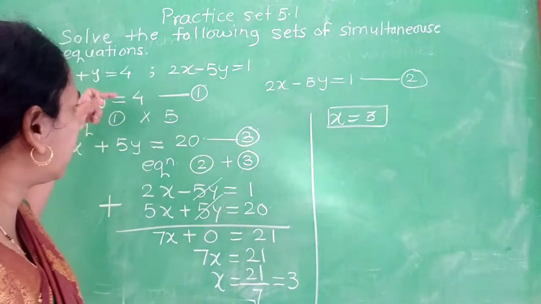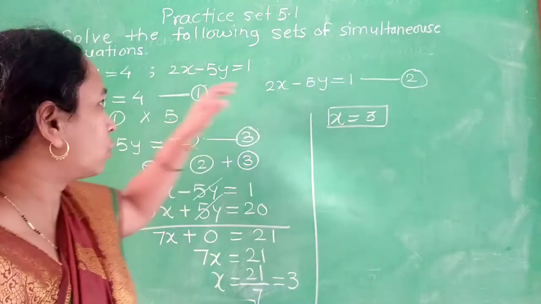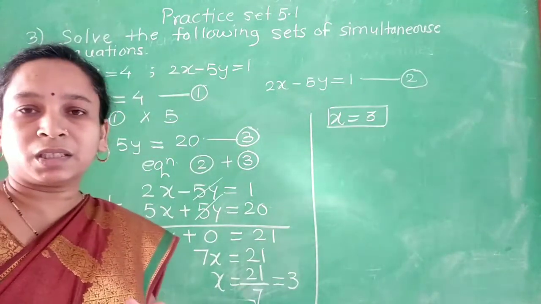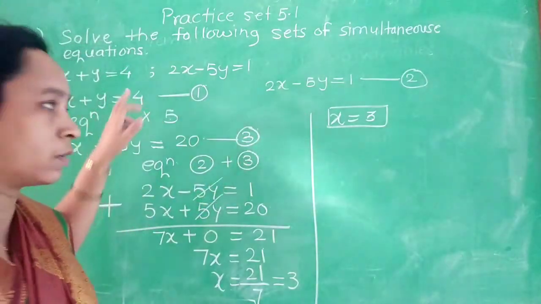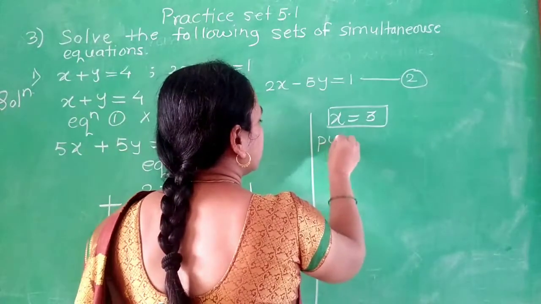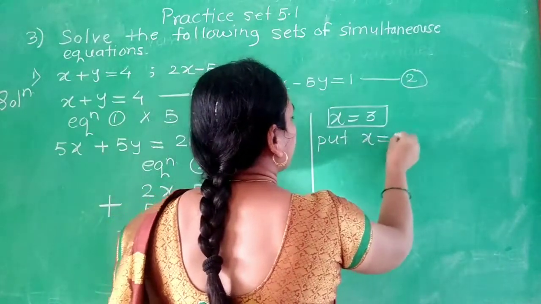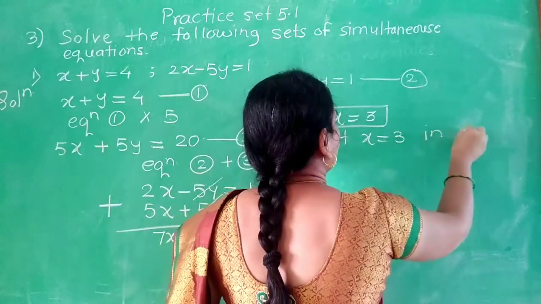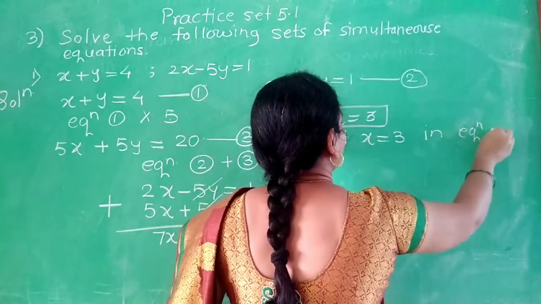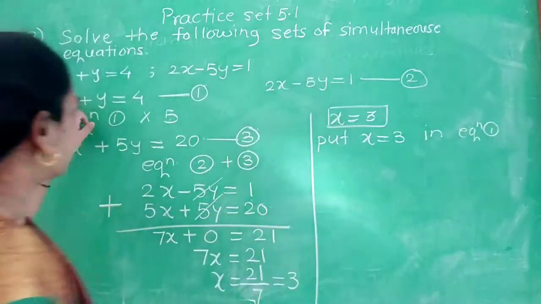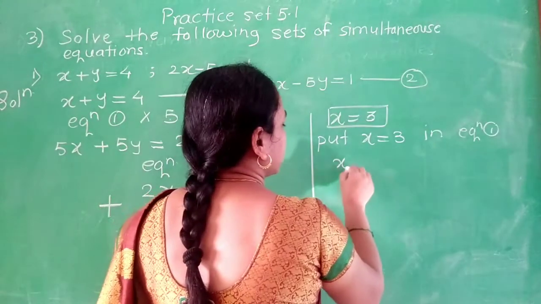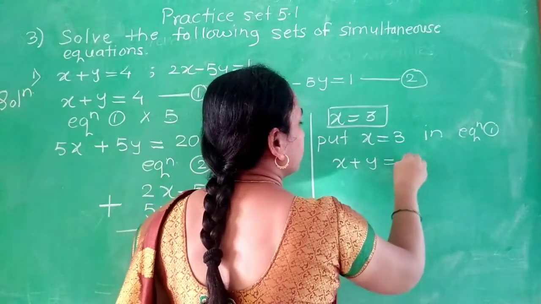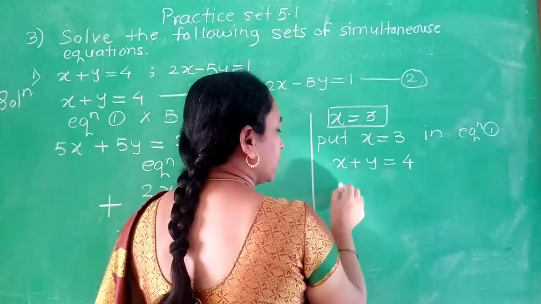So here there are the three equations. So I think first equation is easy. So here I will put the value of x in the first equation. So put x is equal to 3 in equation 1. What is equation 1? X plus y is equal to 4. X is equal to 3. I have got it.